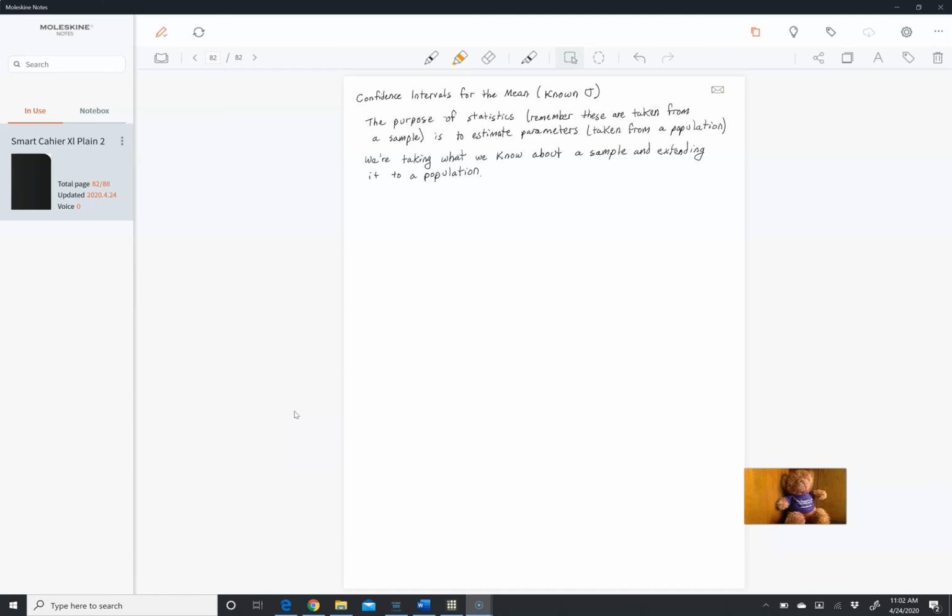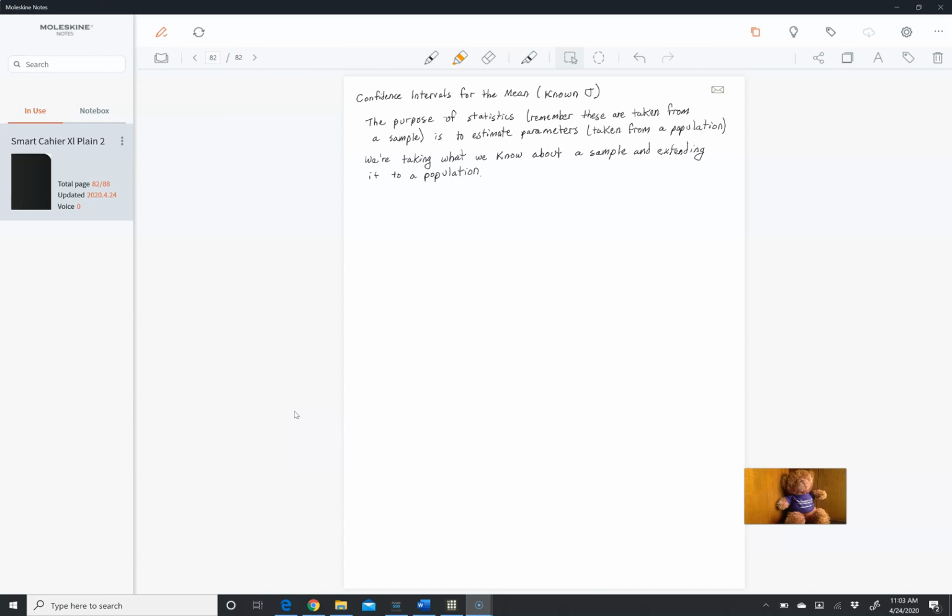So if the mean number of hours that a U.S. adult sleeps, if we take 3,000 people, is 6.2 hours, we could say that in the population, it's probably not exactly 6.2.